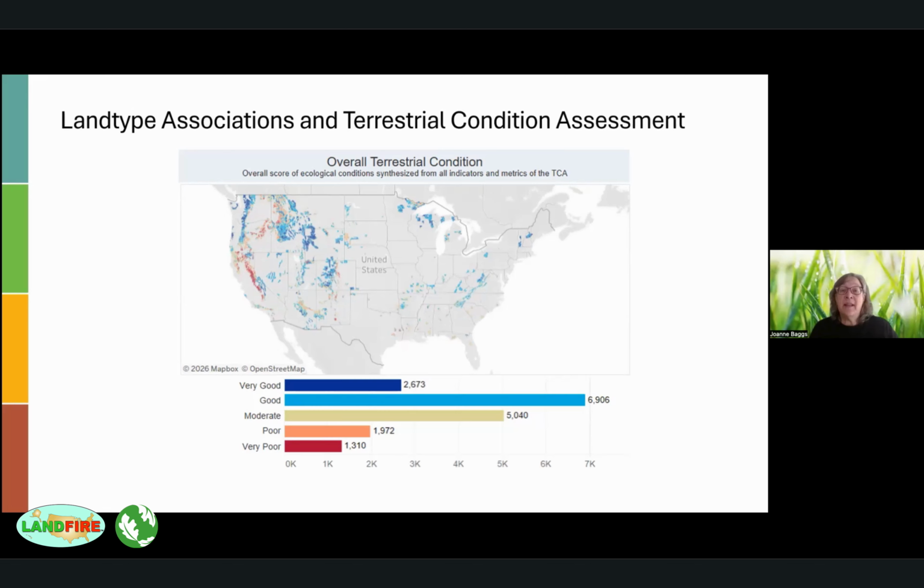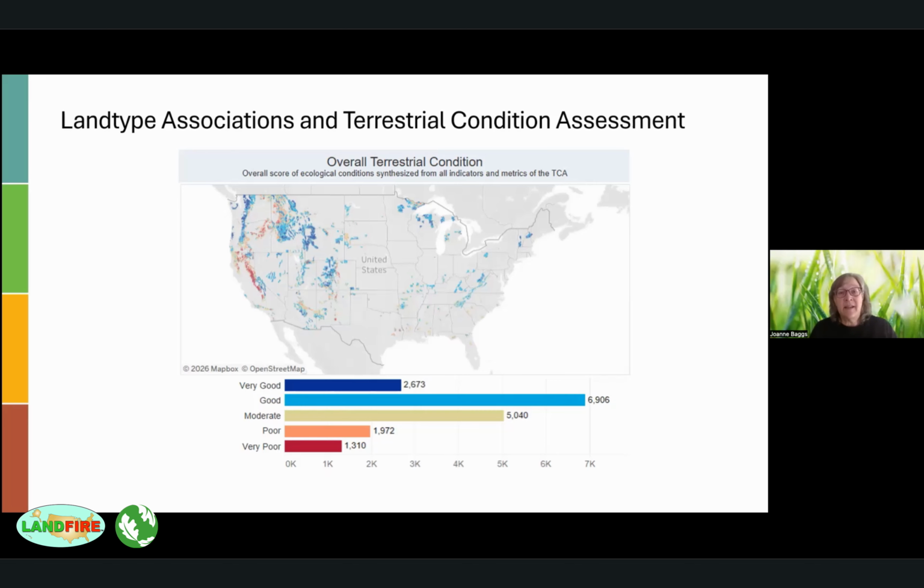We're looking at the landscape and trying to assess the condition of the ecosystem. We've presented in the past to this group on the terrestrial condition assessment. You can see our measurement there is the land type association and the variability across the NFS lands in the continental United States. This one's our overall condition, but you can start to see there are patterns and trends.